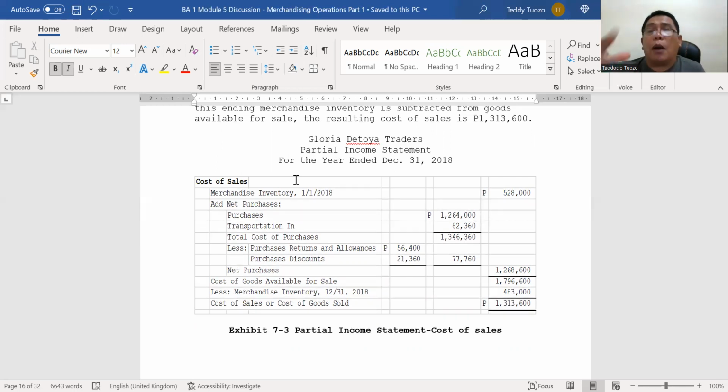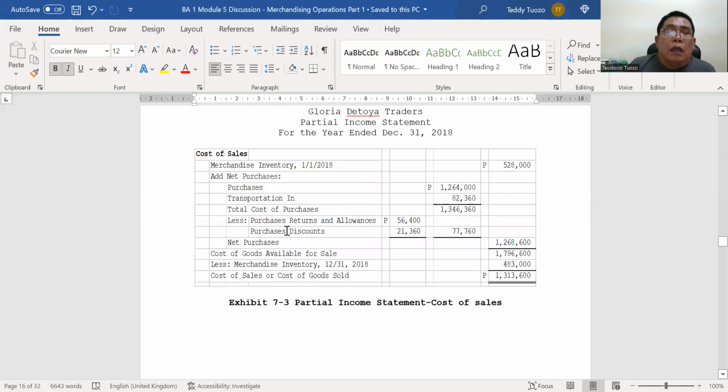The first part that we have taken is on the part of the seller: sales, net sales, sales discounts, sales returns and allowances. But even if a merchandising business is a seller, it is also a buyer at the same time.